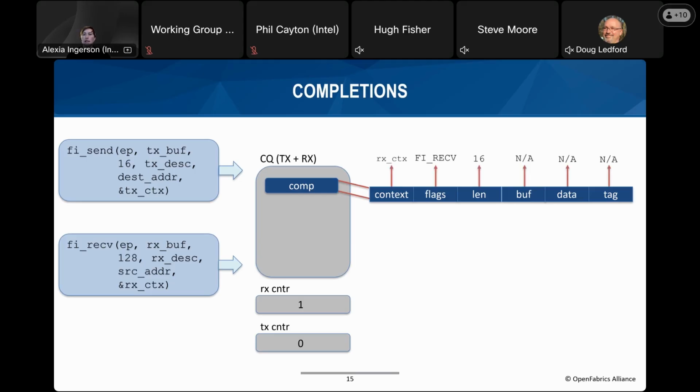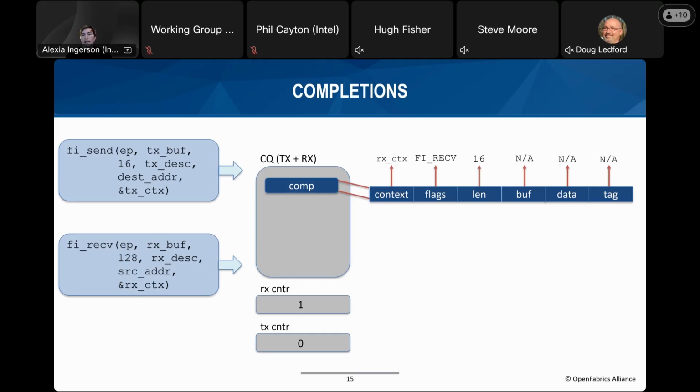Okay, so this one has the context set to RxCTX. That's the context we posted our receive with. And then the flags have FI_RECV. That tells us that a receive completed, and then the length is 16. So even though our whole buffer was 128 bytes, we didn't need all of them. And that's perfectly fine and normal. This field lets us know how many of those bytes were actually used.